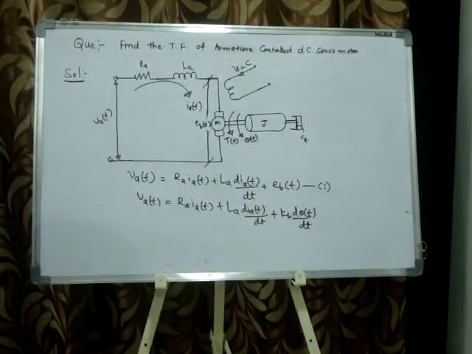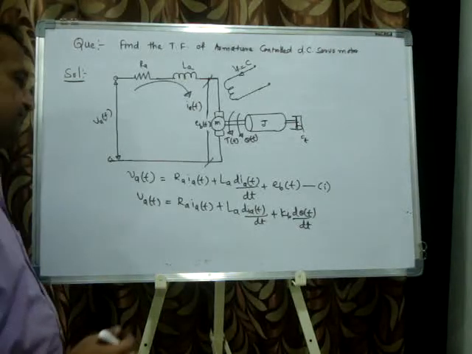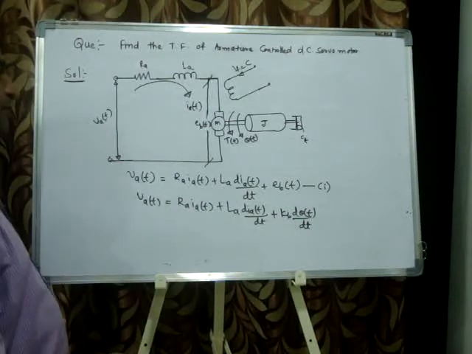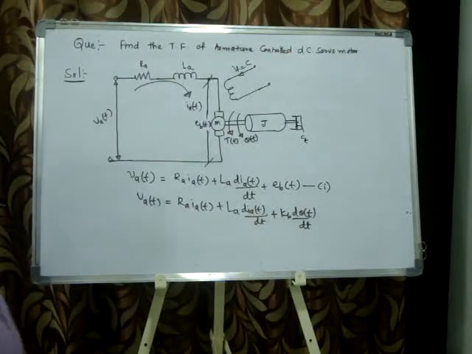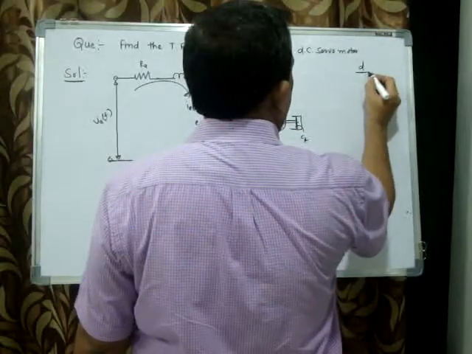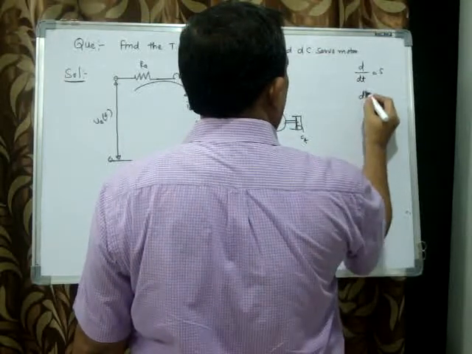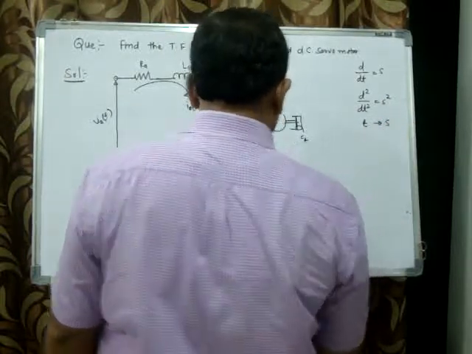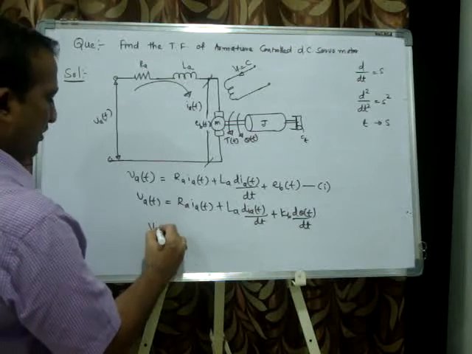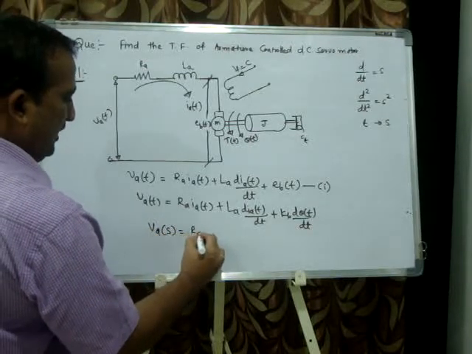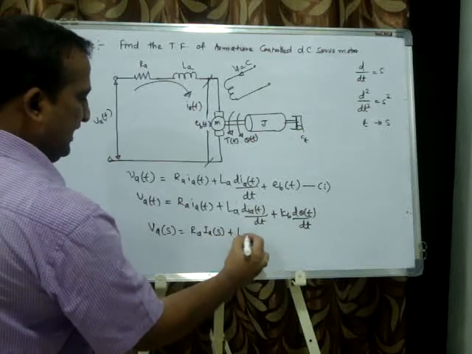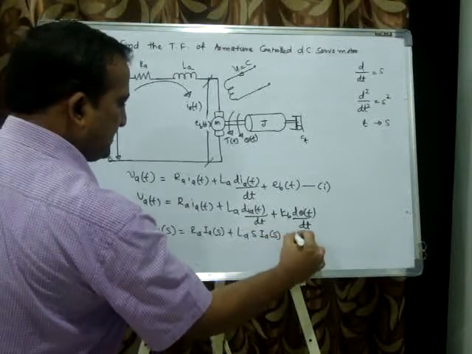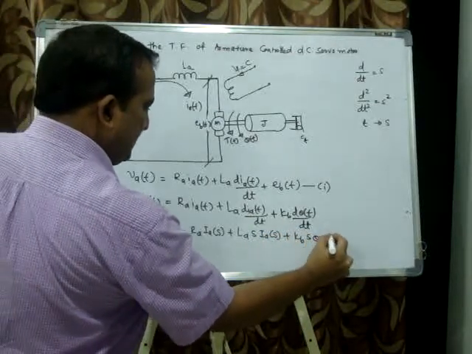So now I will convert the differential equation into a simple algebraic equation by using the Laplace transformation. You know that in the Laplace transformation d by dt becomes s, and d square by dt square becomes s square. So applying the Laplace transformation, VA of s equals RA IA of s plus LA s IA of s plus kb s theta of s.